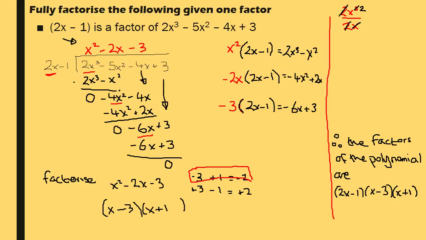And if you have time left at the end, you can check by multiplying out those pair brackets or triple brackets to see that you get the original expression, the 2x cubed minus 5x squared minus 4x plus 3.